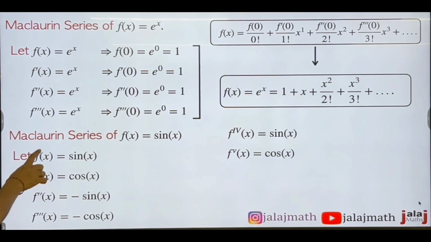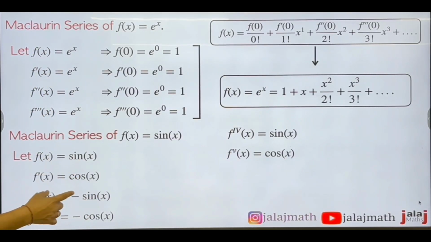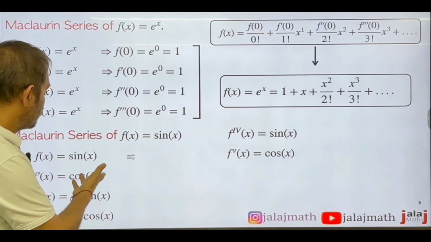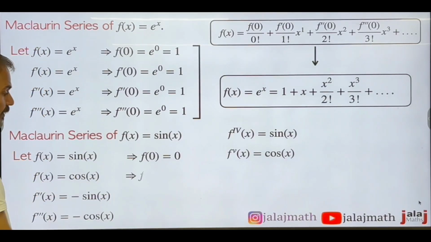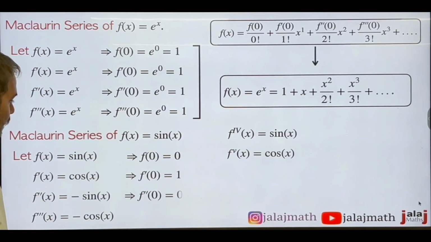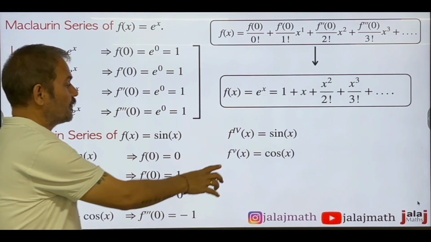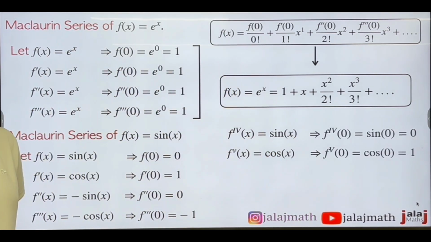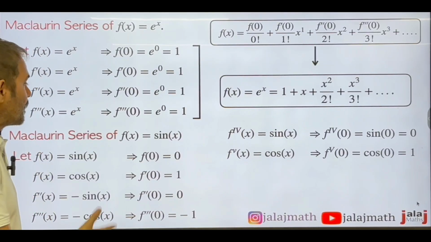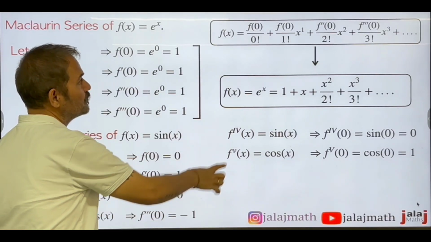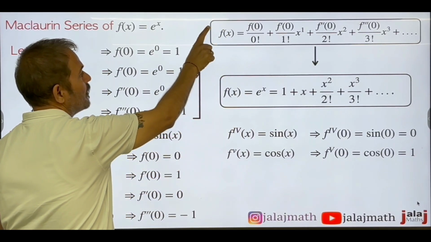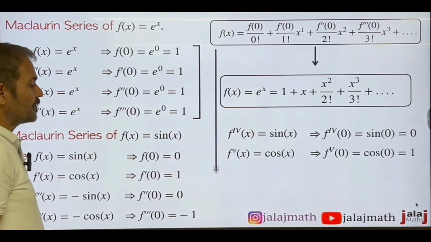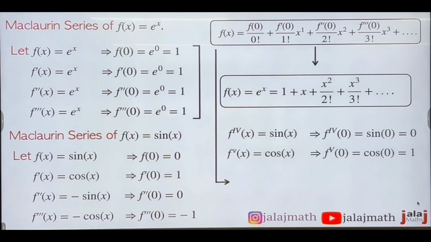So the value of the function at x is equal to 0 is sine 0, which is 0. Then you have 1, negative 0, negative 1. This is again 0, and this is positive 1. Same thing, again we plug in these values in this Maclaurin series general equation.